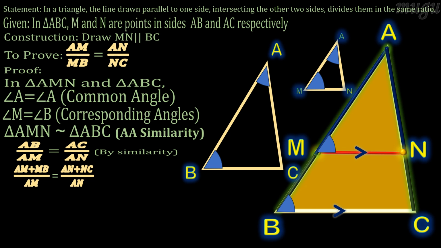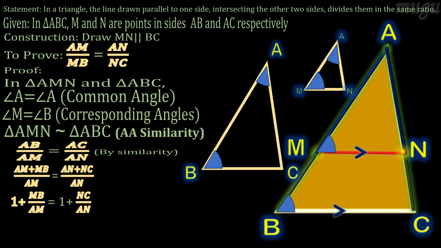Similarly, AC is AN plus NC. Now we distribute the denominator to both numerators: AM by AM plus MB by AM equals AN by AN plus NC by AN.